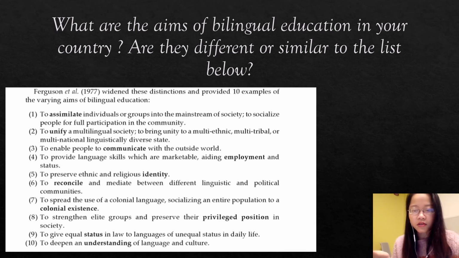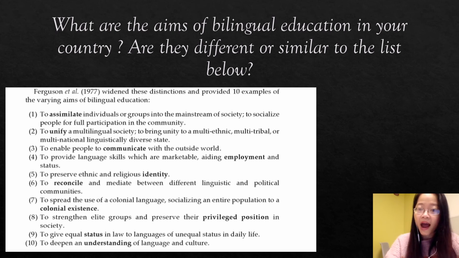So think about a lot of immigrants coming to the United States. They may somehow be involved in a type of bilingual education at the beginning, but the aim is to let them assimilate into the mainstream of the society.